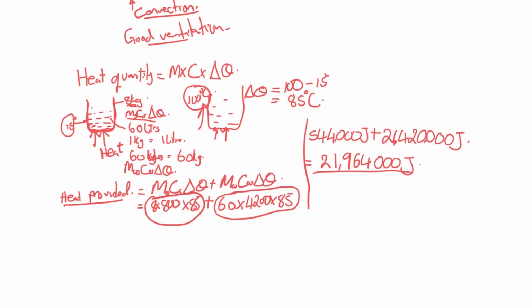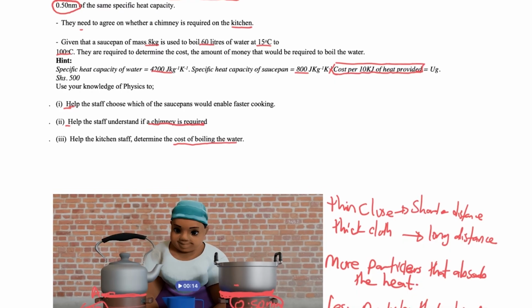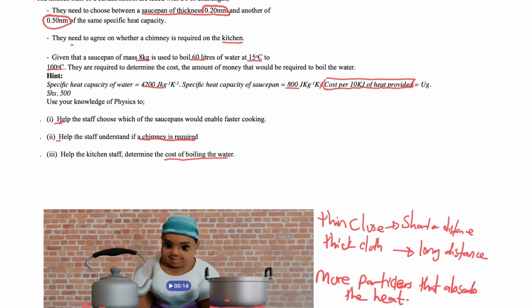Now let us move to the total cost. In our scenario, let us move back, yes, we have been told that the cost per 10 kilojoules of heat provided is Ugandan shillings 500.